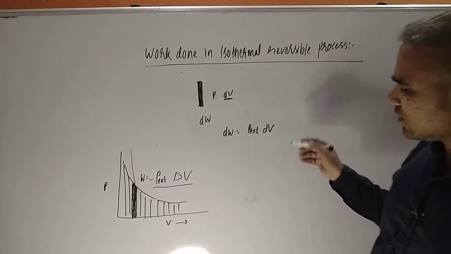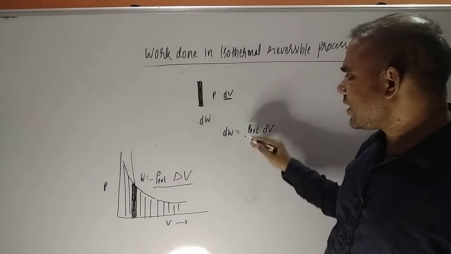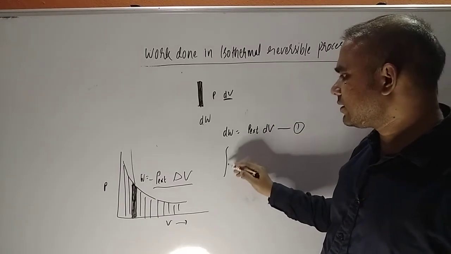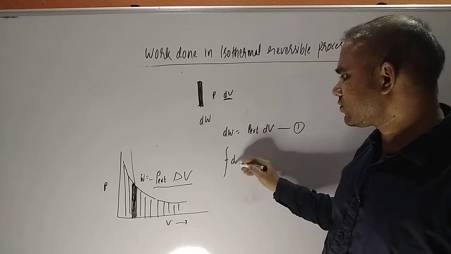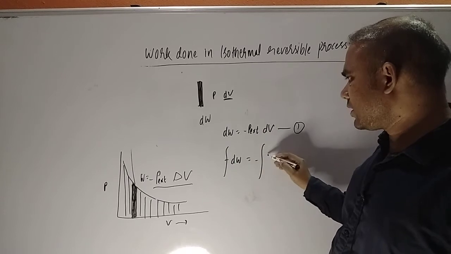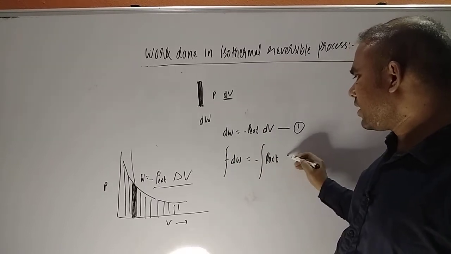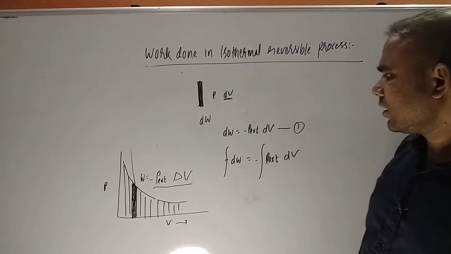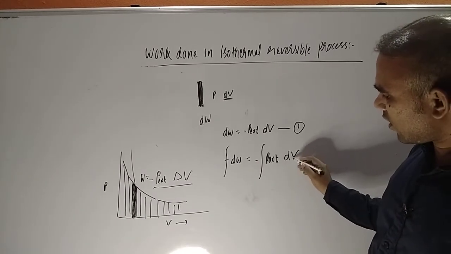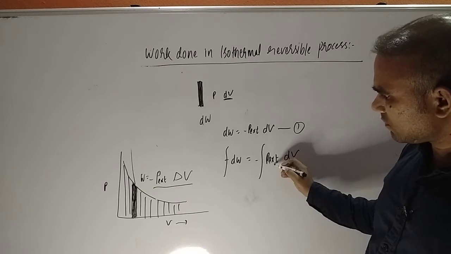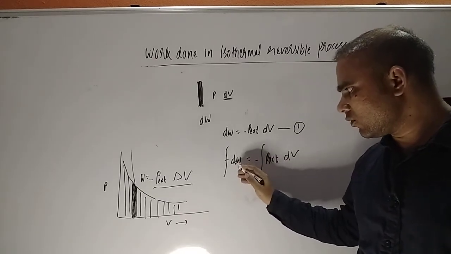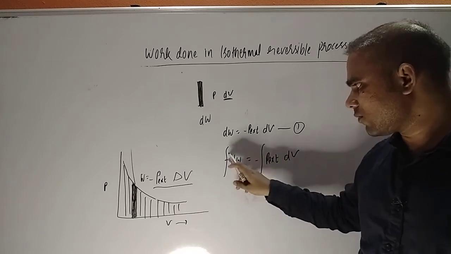So dear students, what are we going to do? We are going to integrate this equation. Integrating, dW becomes minus P external dV. Since this term is in volume, we need to integrate over volume.